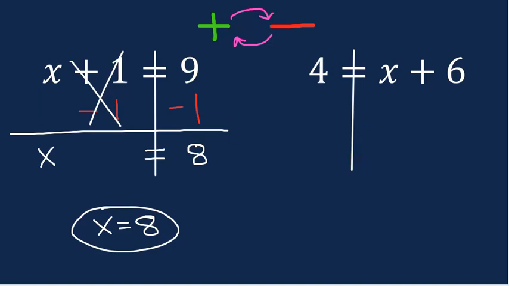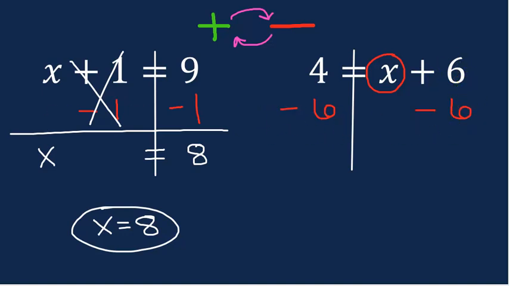Your second step is to orient to where the x is. Our x is right here, and this is what's happening to the x, plus 6. And so that's how I know that I am going to subtract 6, just like this. Subtract 6. Because the x is over here, it's the plus 6 that I need to move.